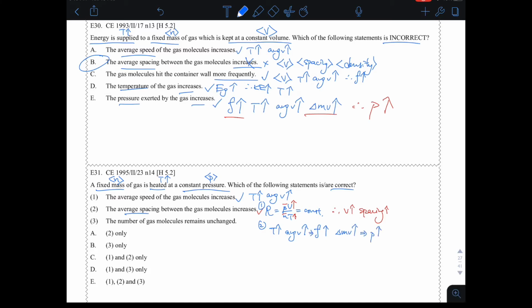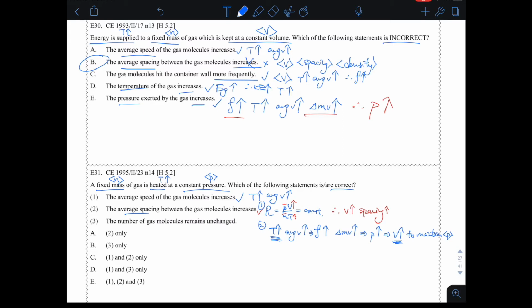That means the pressure will increase. But then we need to have constant pressure, right? So that the volume has to be increased to maintain constant pressure. That is why when temperature increases, the volume increases to maintain the constant pressure. Then this is another way to think of volume increase and the spacing increase at the end, so that this is correct for statement 2.